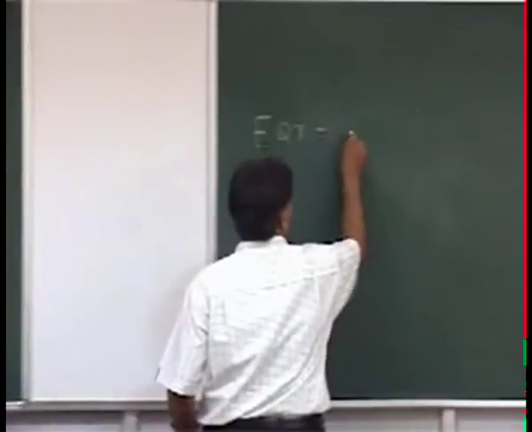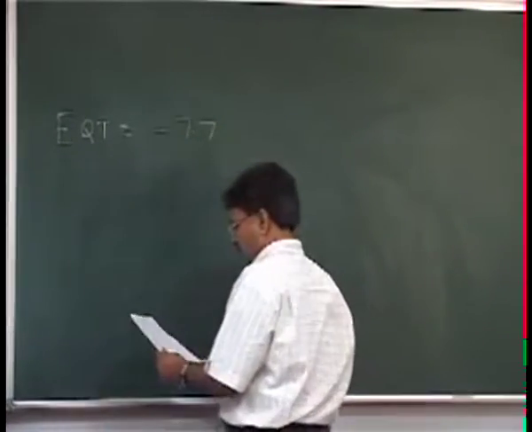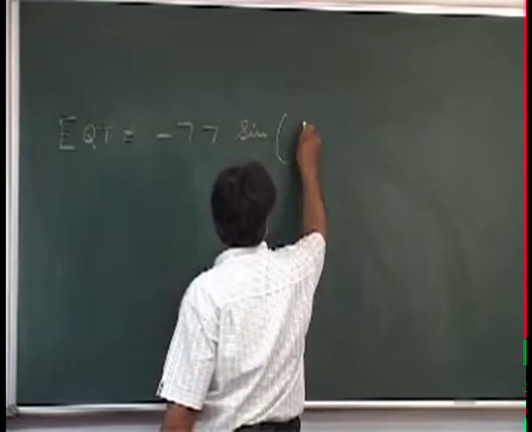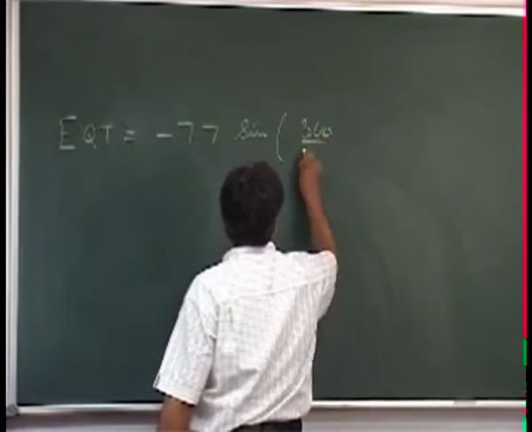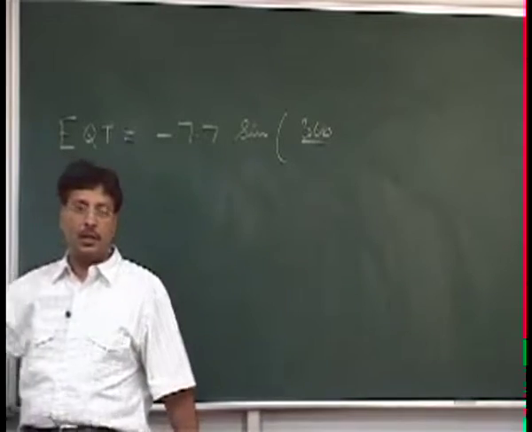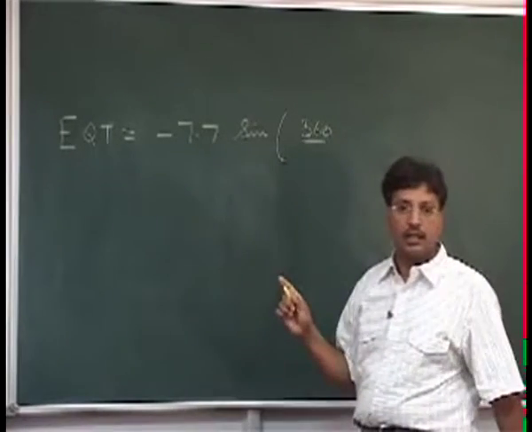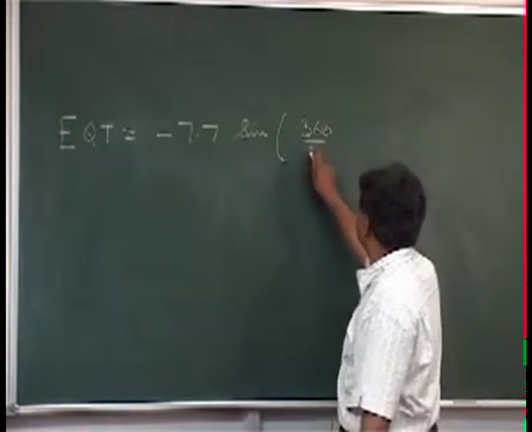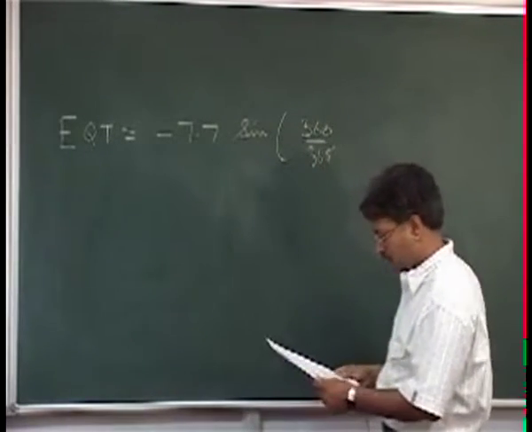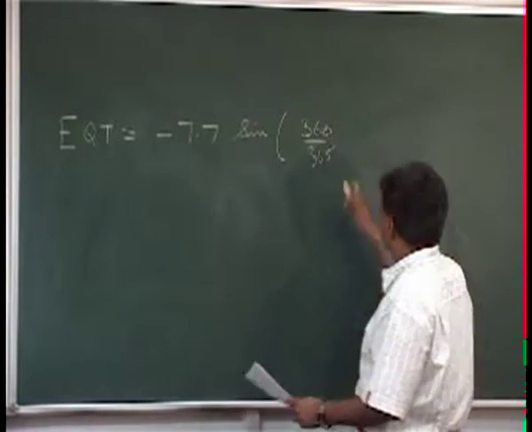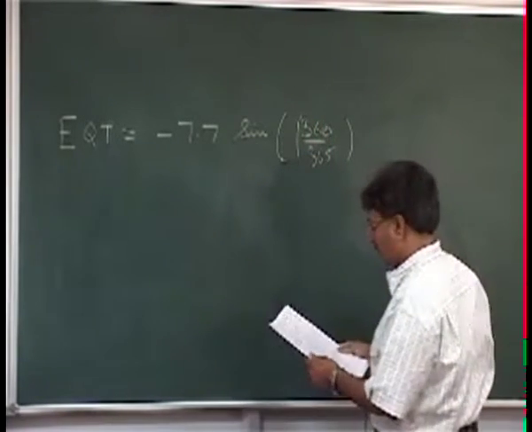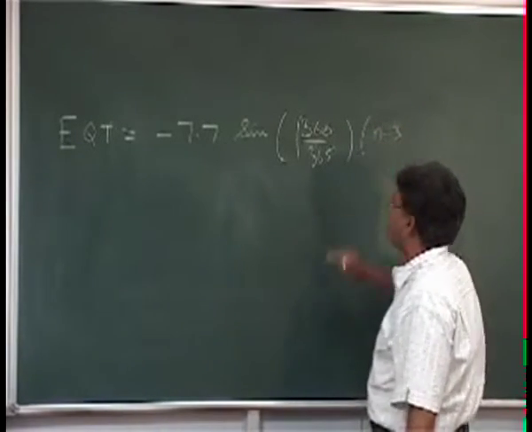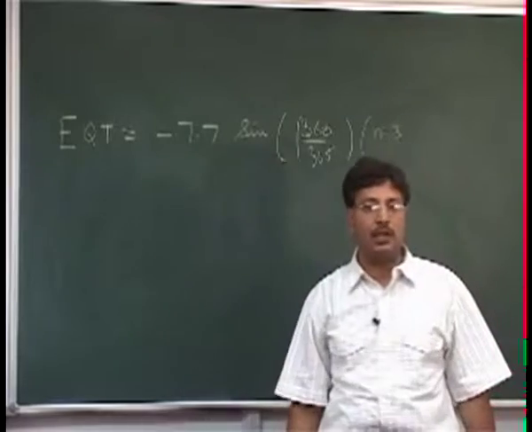The equation of time was minus 7.7 sine of 360 over the number of days in the year, 365, times (n minus 3). Can you tell me what small n will be?